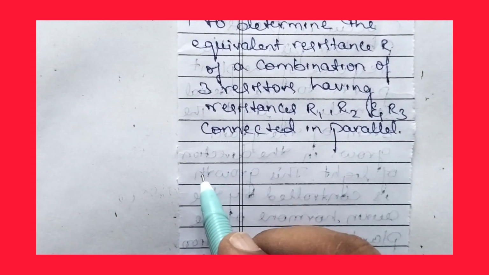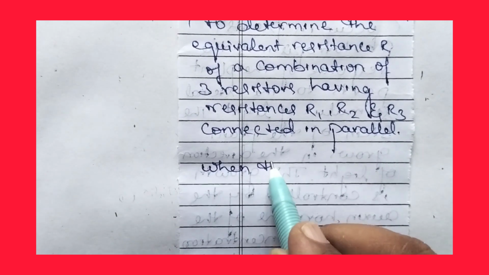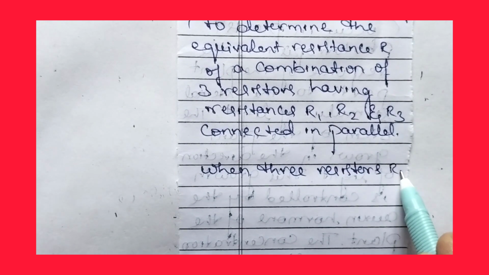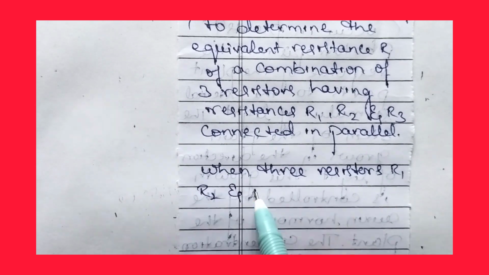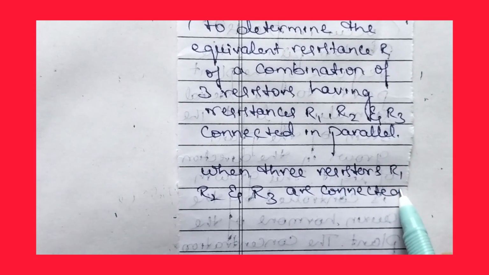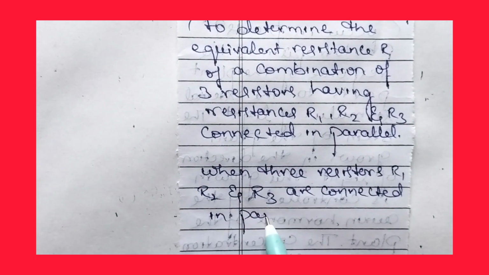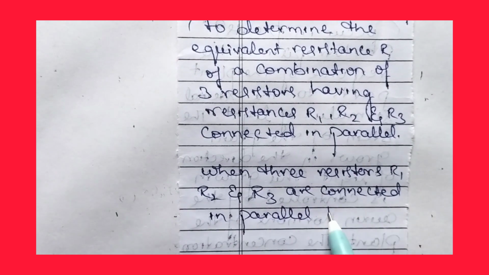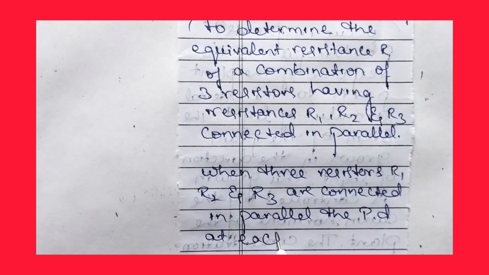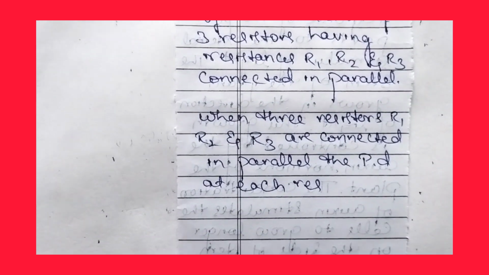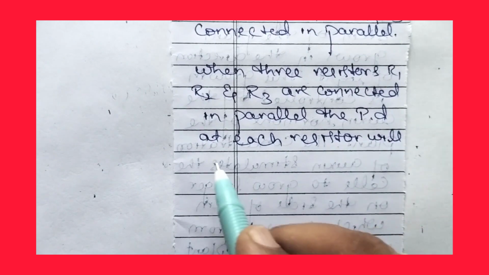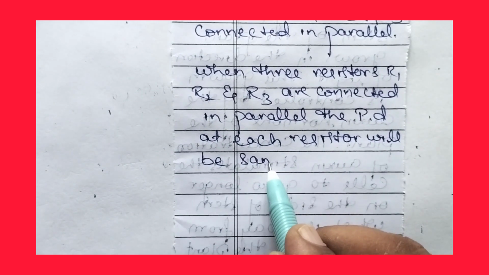When three resistors R1, R2 and R3 are connected in parallel, the potential difference at each resistor will be the same because they are connected in parallel.